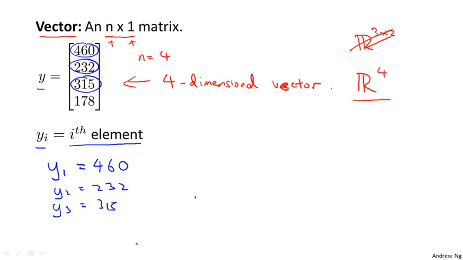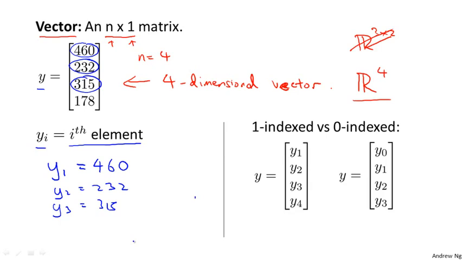Also, it turns out that there are actually two conventions for how to index into a vector, and here they are. Sometimes people will use 1-indexed and sometimes 0-indexed vectors. So this example on the left is a 1-indexed vector, where the elements we write as y1, y2, y3, y4. And this example on the right is a 0-indexed vector, where we start the indexing of the elements from 0.